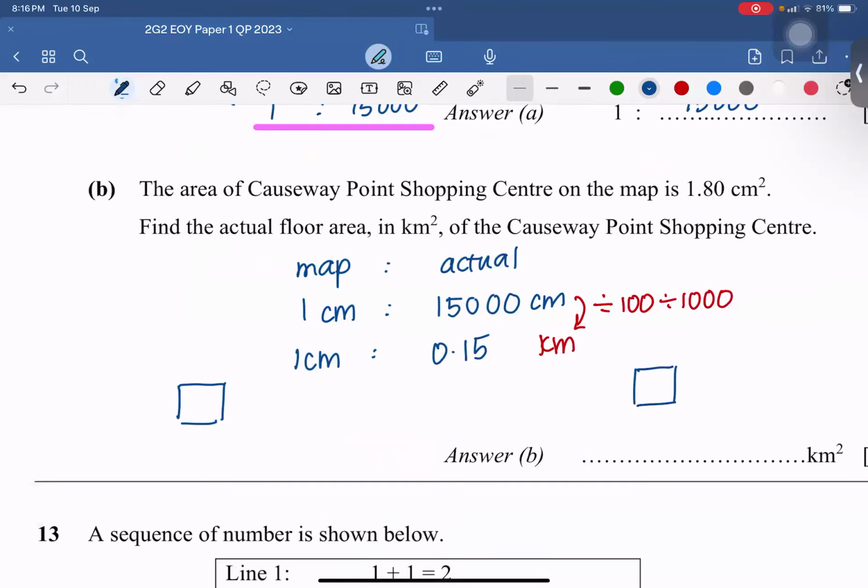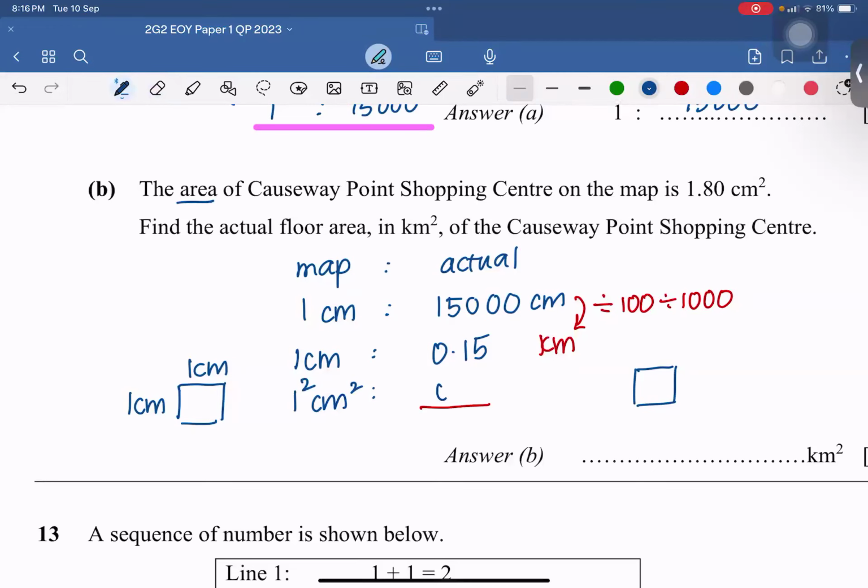Next, Khalif, how am I going to get the area? They want the area, right? So this is 1 cm and this is 1 cm. Square root or square? Square, right? So I need to square to get 1 times 1, 1 cm square. Then what about the number here?